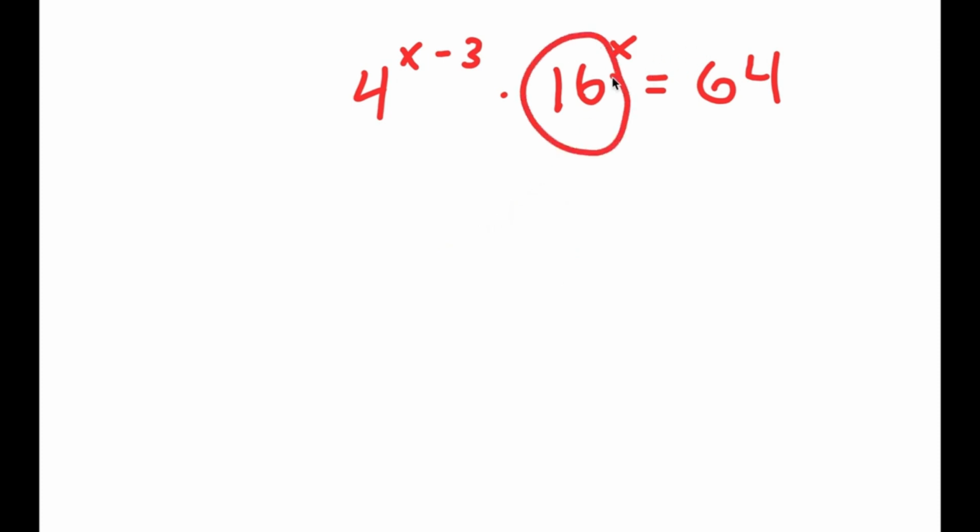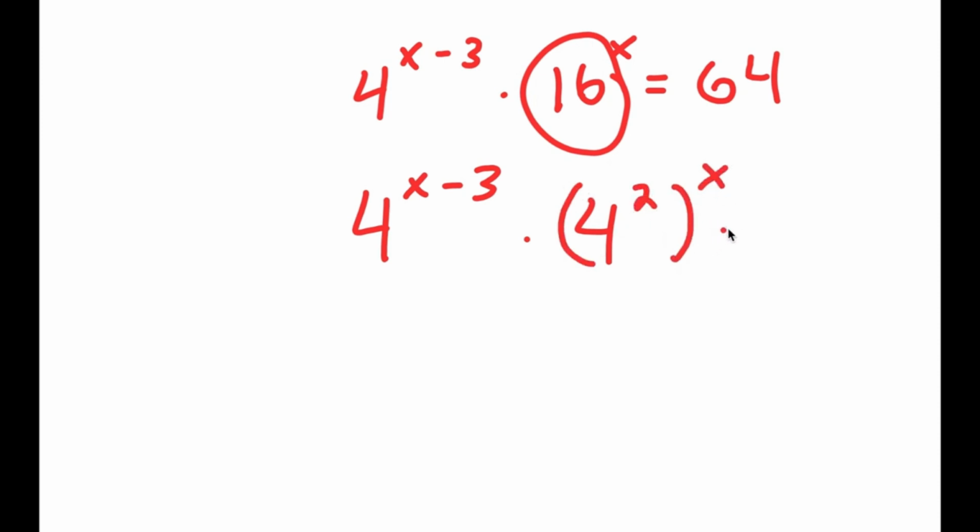Alright, so in this problem, I have 4 to the power of x minus 3 times 16 to the power of x is equal to 64. So, to solve this, I'm going to first start by rewriting 16 as 4 squared. So now I have 4 to the power of x minus 3 times 4 squared to the power of x is equal to 64.